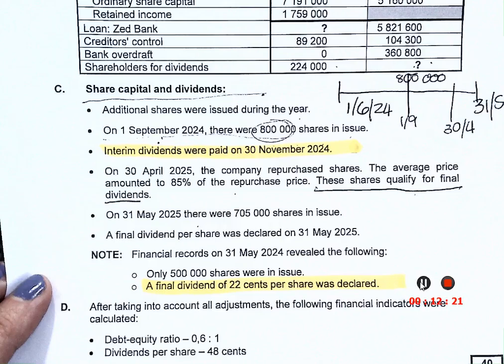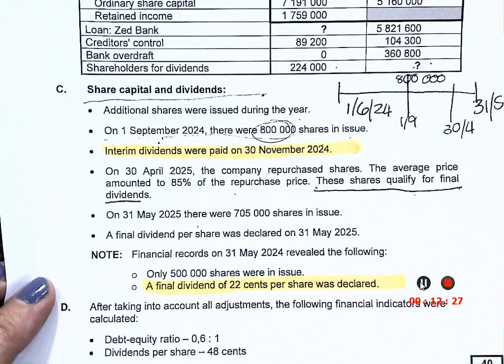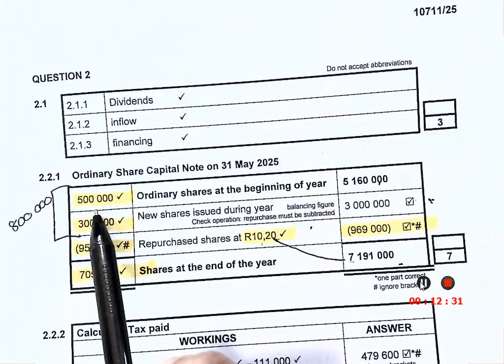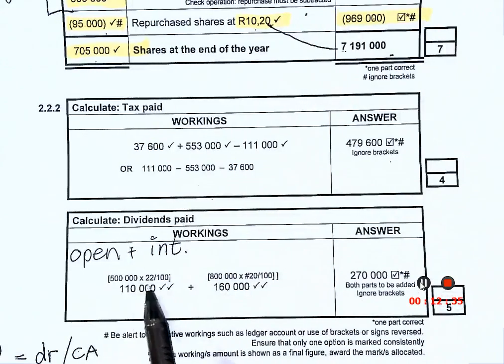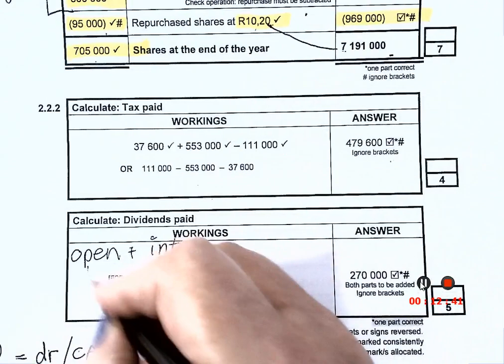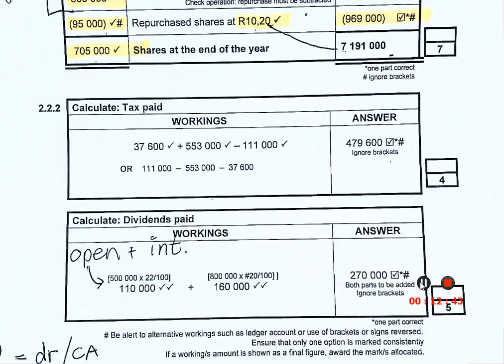Okay. So now I want a final dividend. What was my amount of shares in issue again? Oh, 500. So can you see this is where he gets the 500 times 22 cents. Got it. So this is my opening, which is last year's final.